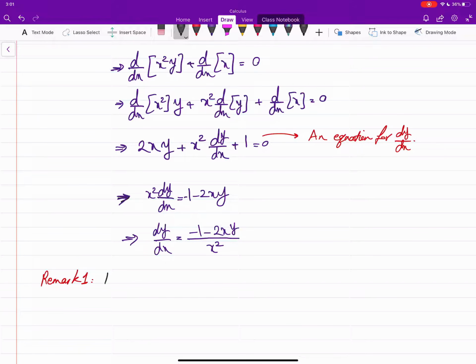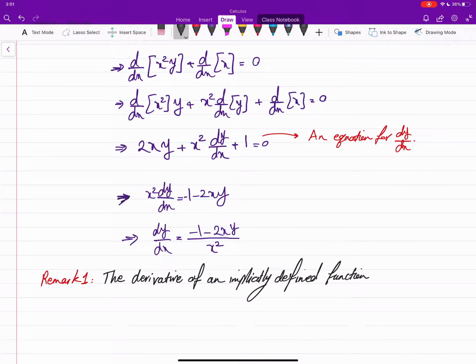So the derivative of an implicitly defined function will be in terms of x and y. The function itself wasn't given explicitly in terms of x, so how can you expect the derivative to be explicitly in terms of x? We will have both x and y like you see here.